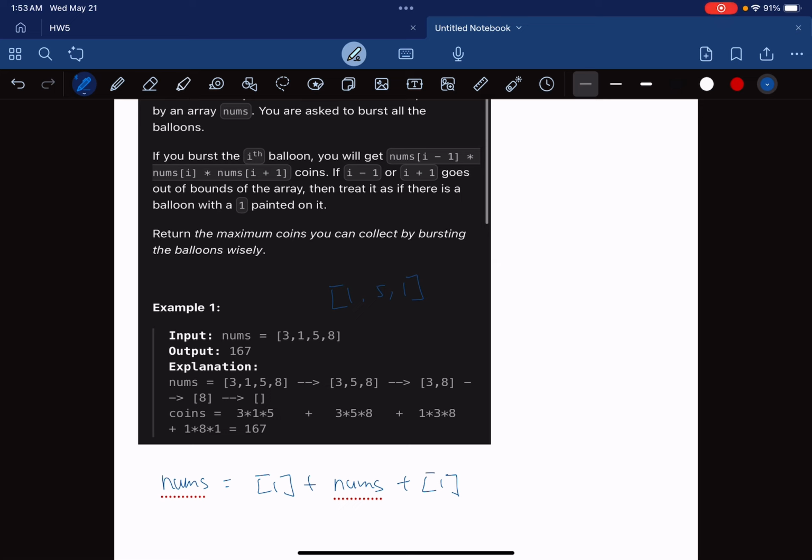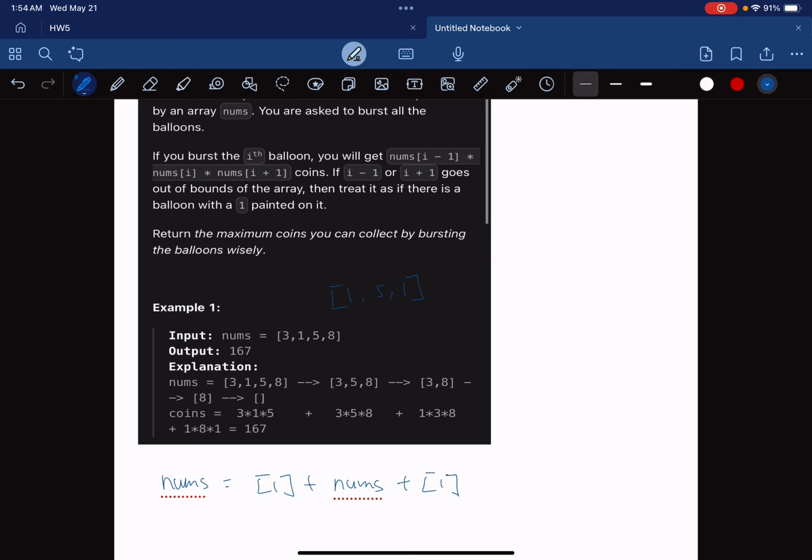In that case, 5 would serve as a separator between 3, 1, and 8. And if we know the same idea for 3, 1, and for 8, we can just sum it up, and we know the optimal value based on building a DP. So what we want to store in our DP is the values.